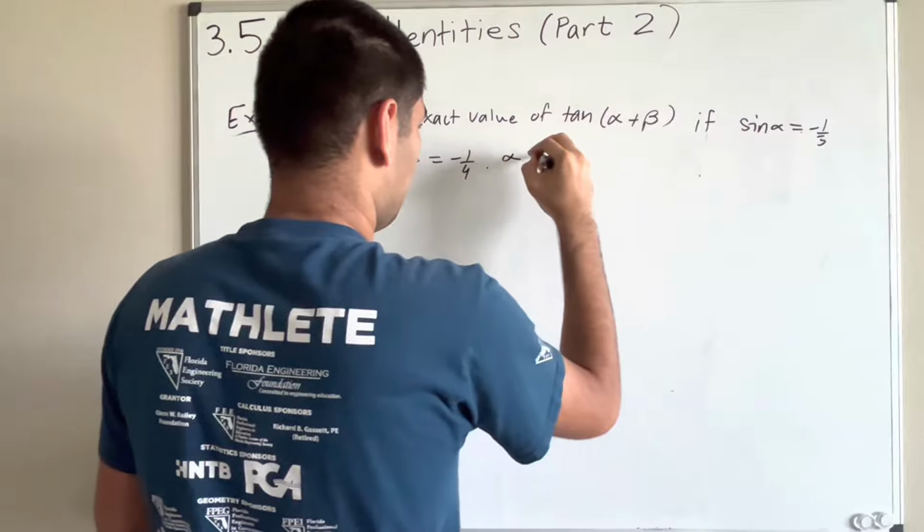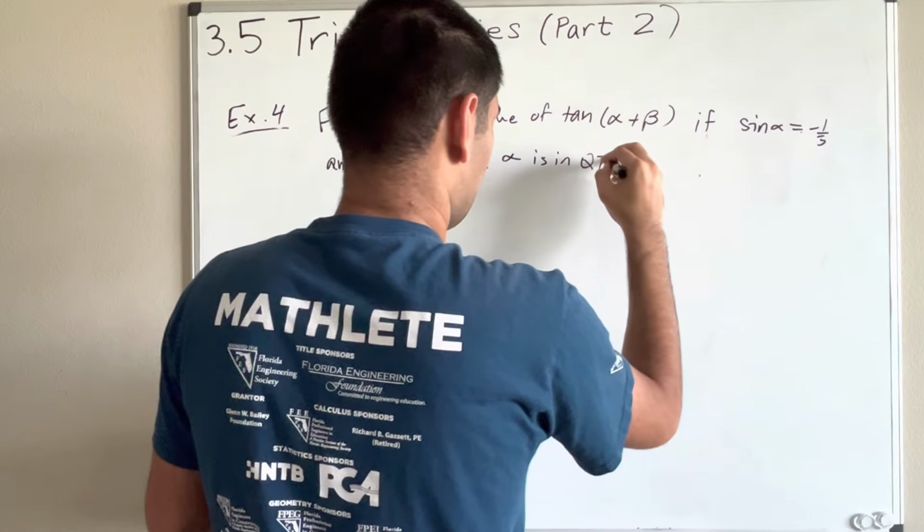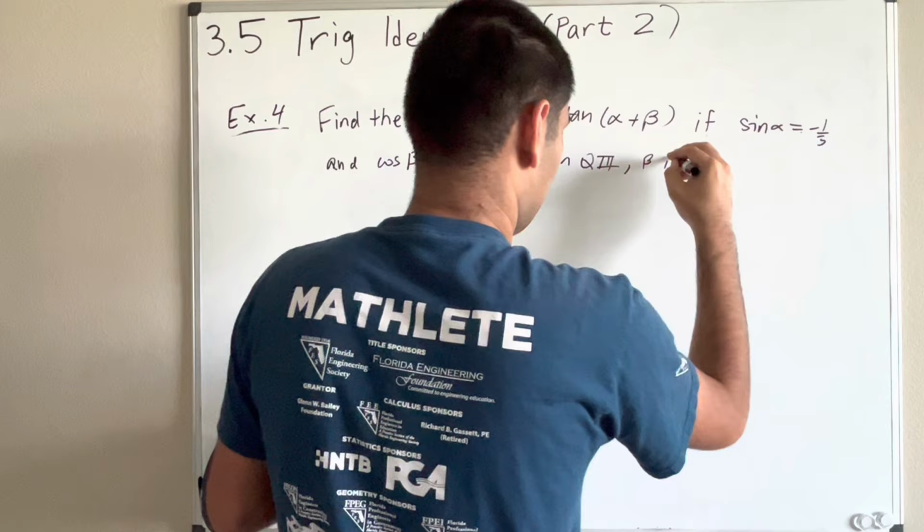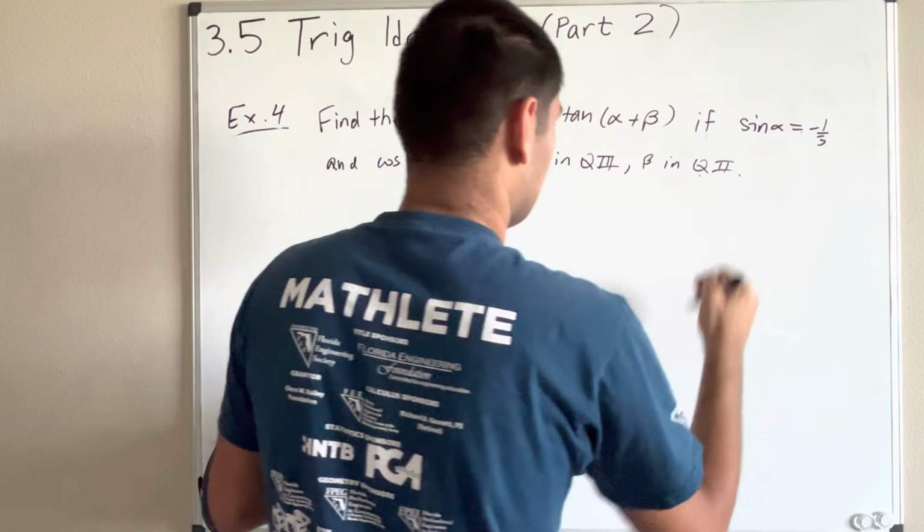And they tell us that alpha is in quadrant 3 and beta is in quadrant 2.